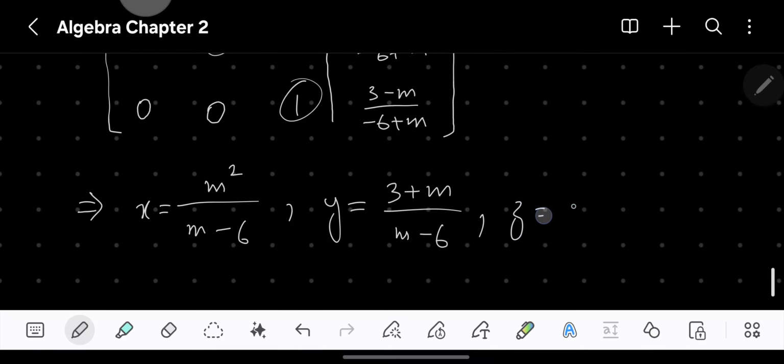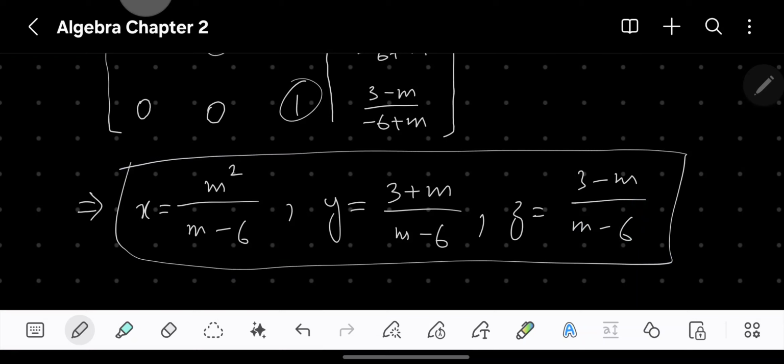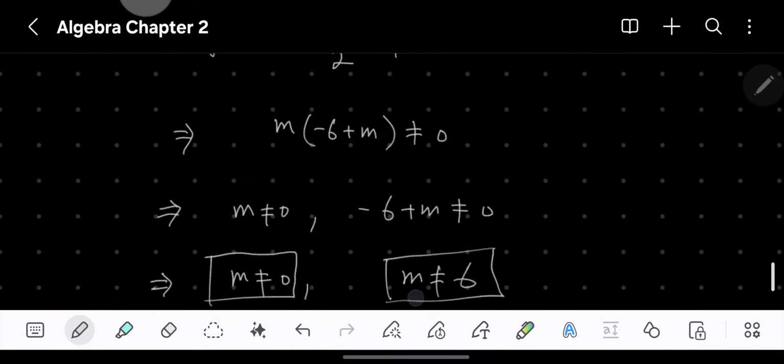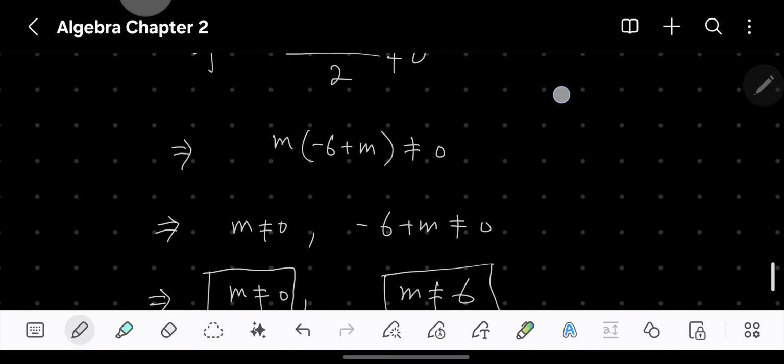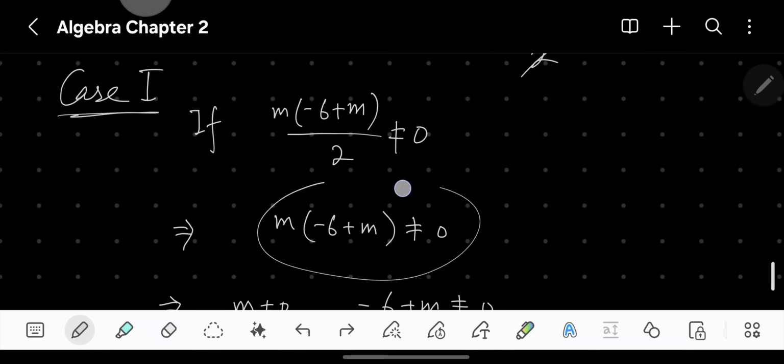And z is equal to 3 minus m over m minus 6. This is the unique solution when we assume that m is neither equal to 0 nor equal to 6. What will happen if this is not the case?